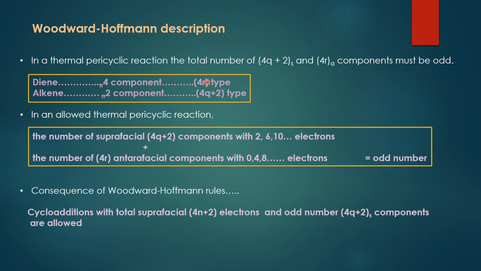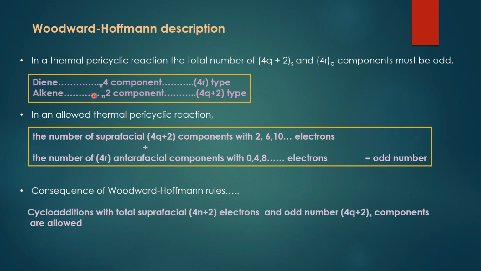Whereas the alkene is a 2-pi component system, and we know that is 4Q plus 2, where Q is an integer, 4 into 0 plus 2. So this 2-pi component system is a 4Q plus 2 type, whereas the 4-pi component system is a 4R type, just like the Huckel rule, 4n plus 2 and 4n systems.